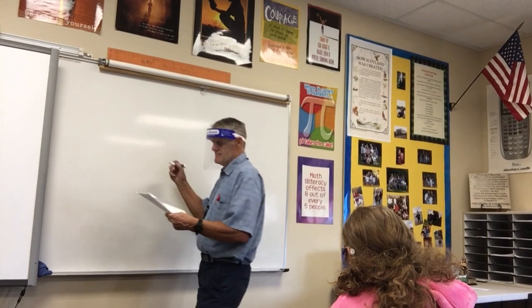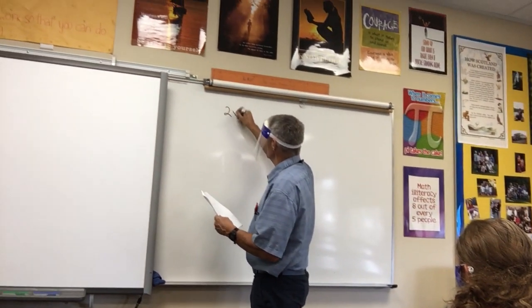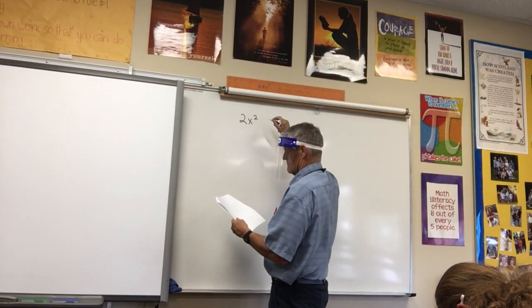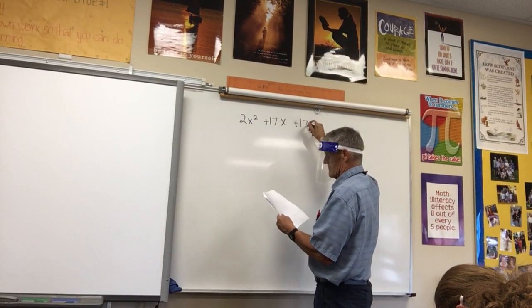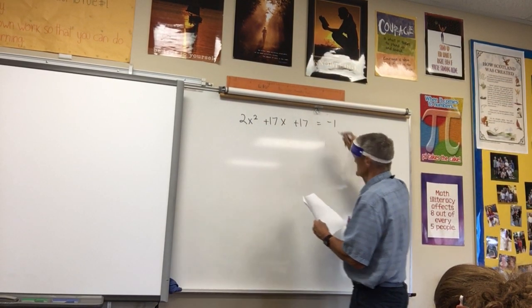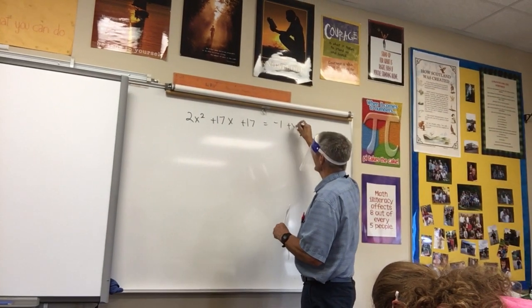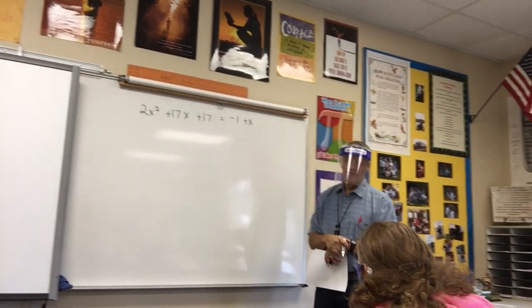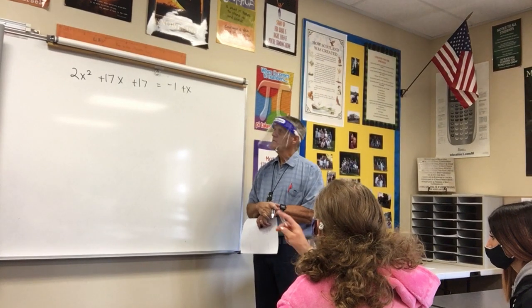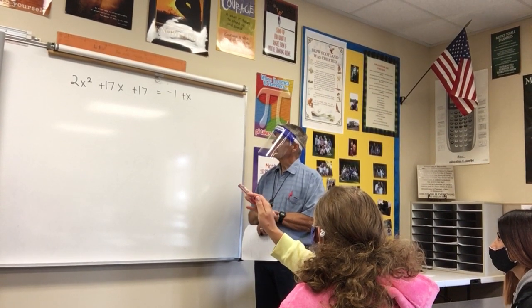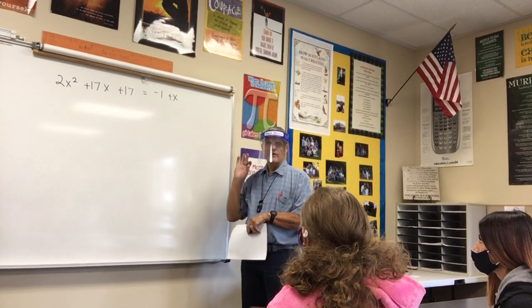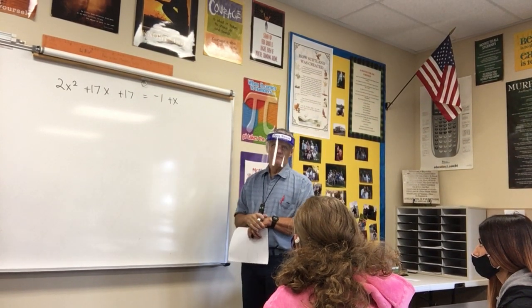Number 17. I have 2x squared plus 17x plus 17 equals negative 1 plus x. Now, you said I had to solve the equation. What do you mean? So like you have to move the 17 over. Okay. I want all the variables on one side, the constants on the other.